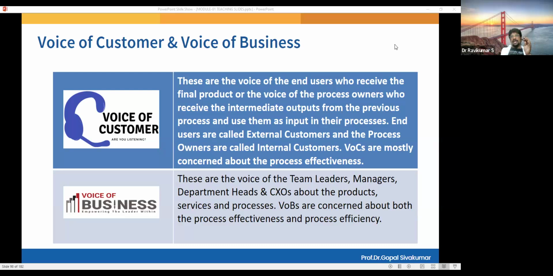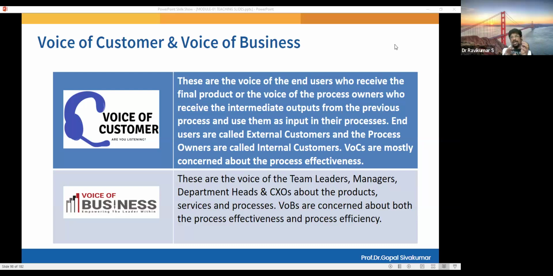Also there is a set of customers called internal customers. For example, the procurement department may be procuring or purchasing the raw materials and giving them to the production department. In this case, the production department becomes a customer for the procurement department.